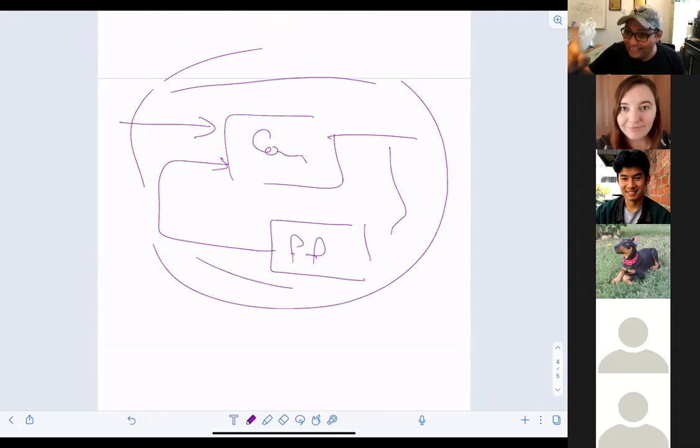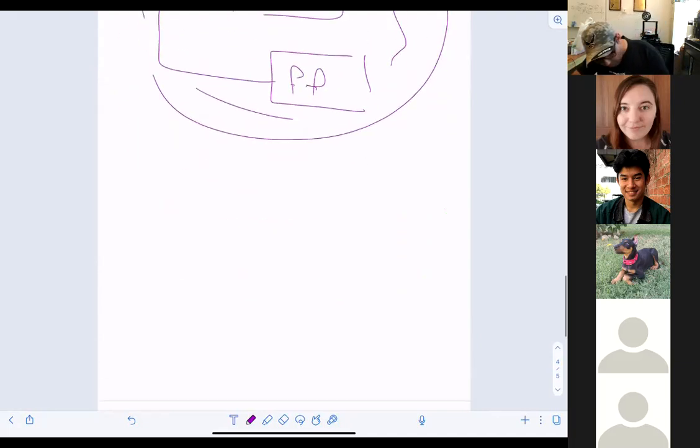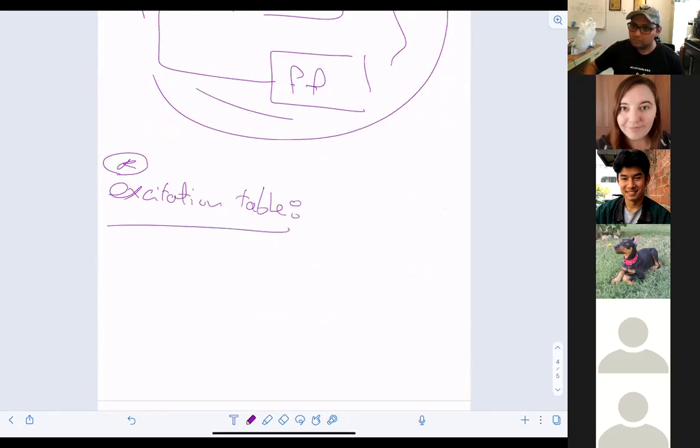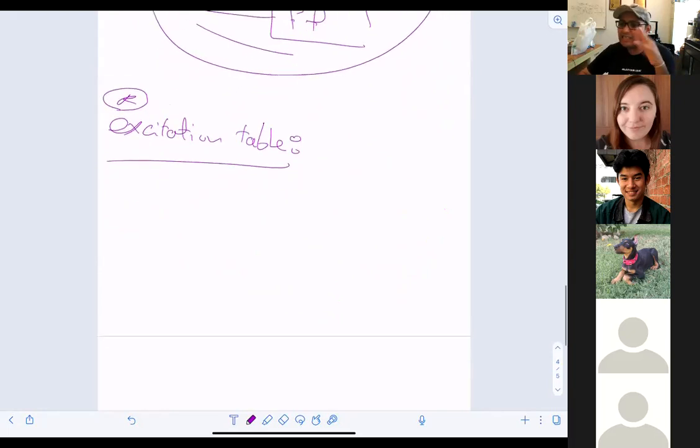So in that case, we need some table to tell me what will be the input when I know the present and the next state. That's called the excitation table. So how does the excitation table look?